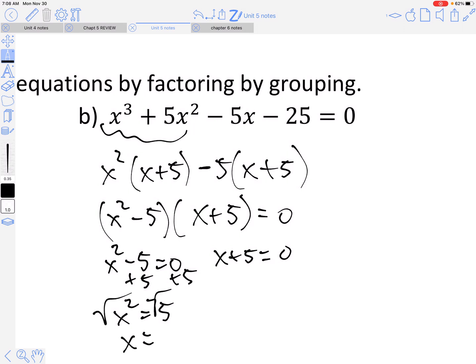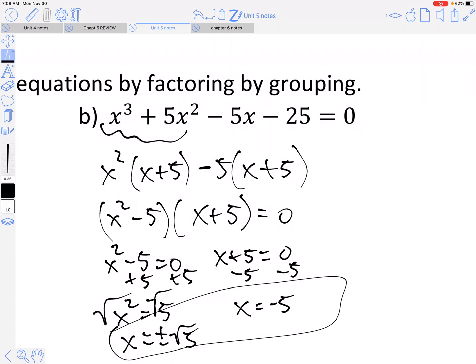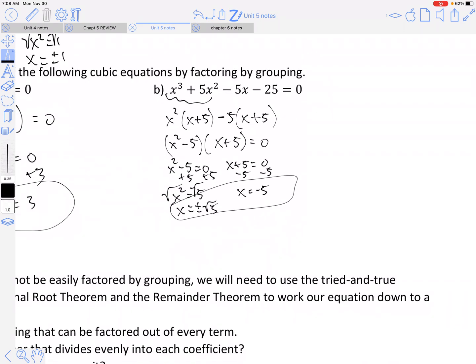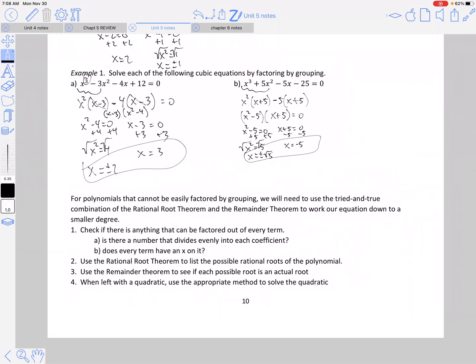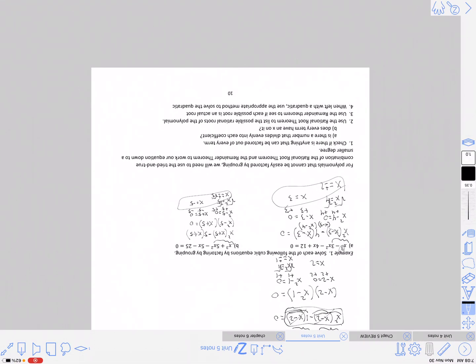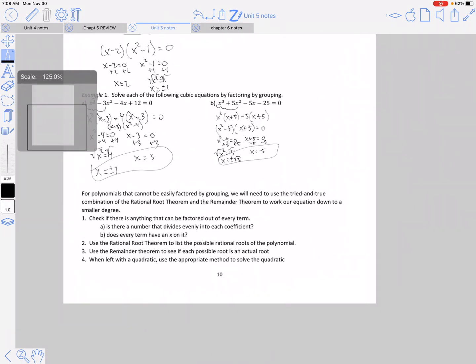So we have x equals plus minus root 5 and x equals negative 5. So there are three roots as expected. Alright, so that's skill number 1. You can always factor by grouping. And more magic tricks, sorry about that.